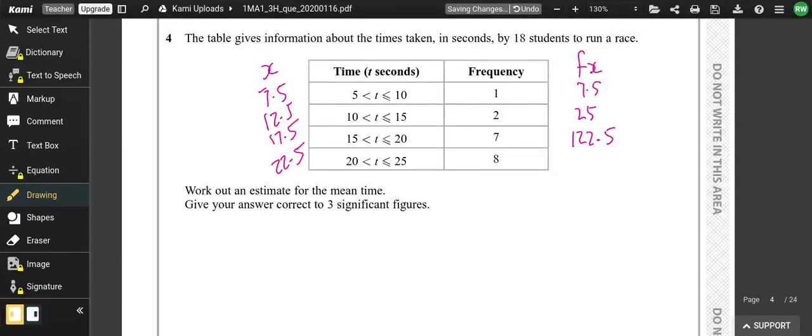And 22.5 times 8 is 180. Add those all together is equal to 335. And we're told in the question that there's 18 students. So we divide that by 18 to get 18.6 seconds to 3 significant figures.